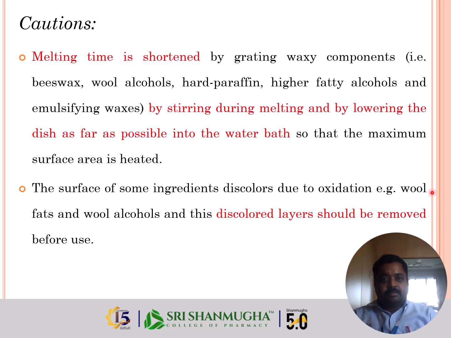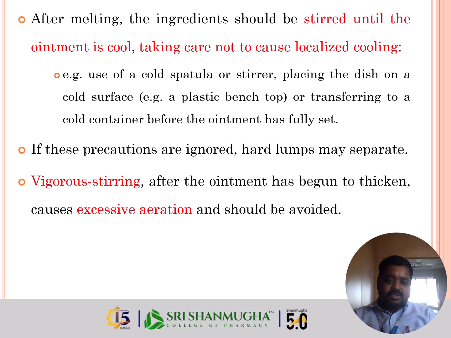Cautions: the melting time is shortened by grating waxy components, by stirring during melting, and by lowering the dish as far as possible into the water bath so that the maximum surface area is heated. The surface of some ingredients discolors due to oxidation, for example wool fat and wool alcohols, so the discolored layer should be removed before use.